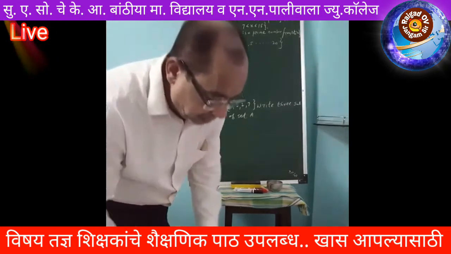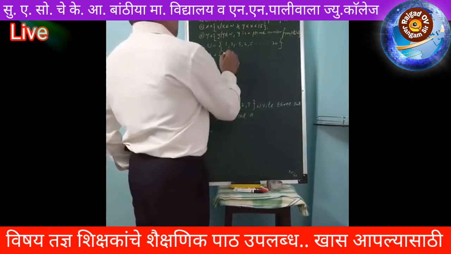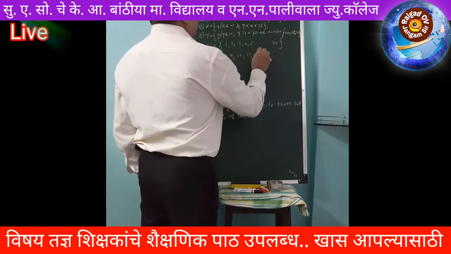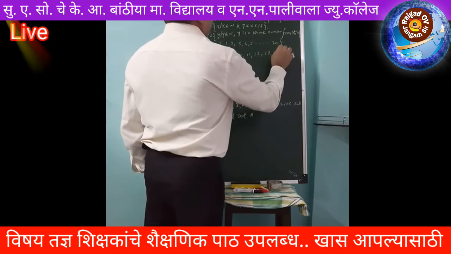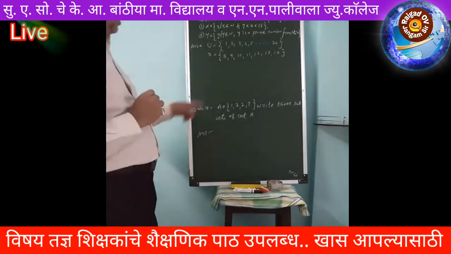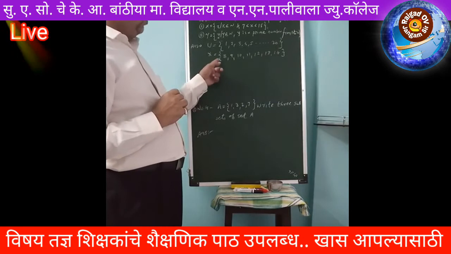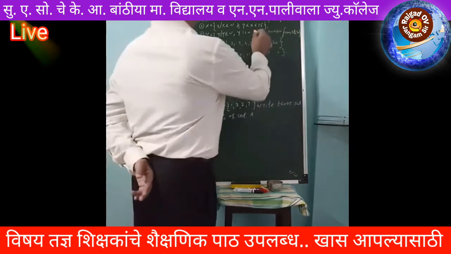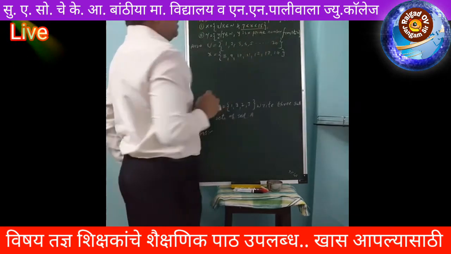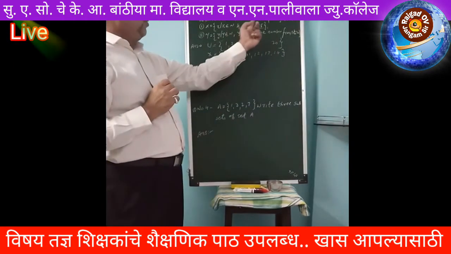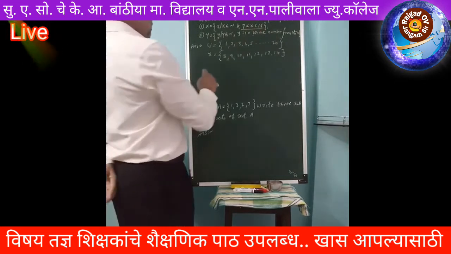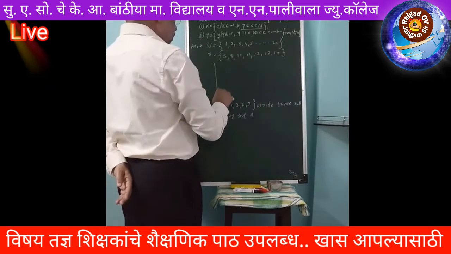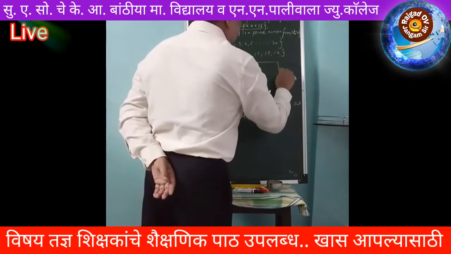So 8, 9, 10, 11, 12, 13 and 14. These are the elements of set X. Why do we write from 8 to 14? Because X is a natural number between 7 and 15. Then we write both sets with the help of a Venn diagram. So you can draw the Venn diagram like this.